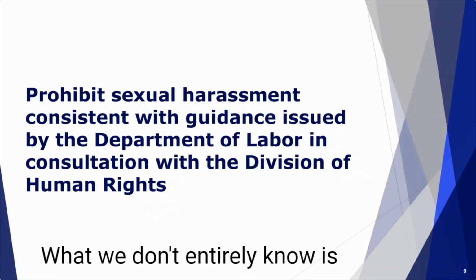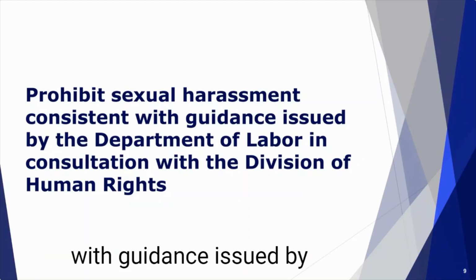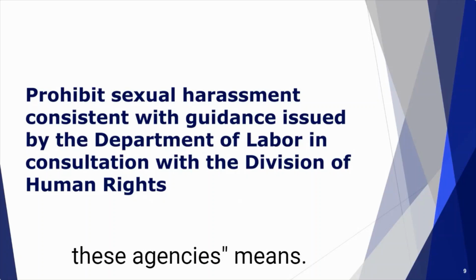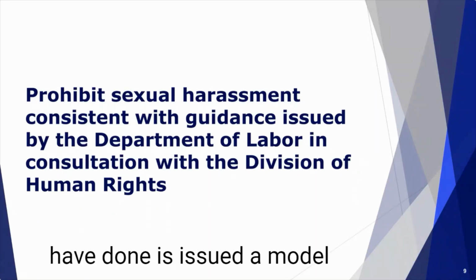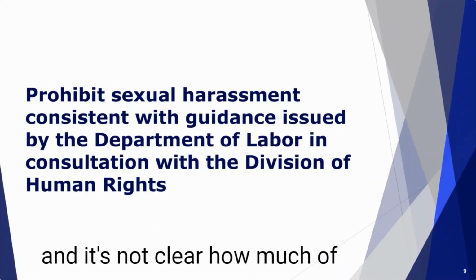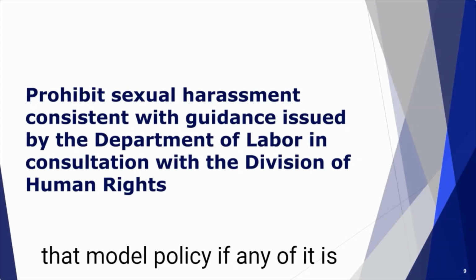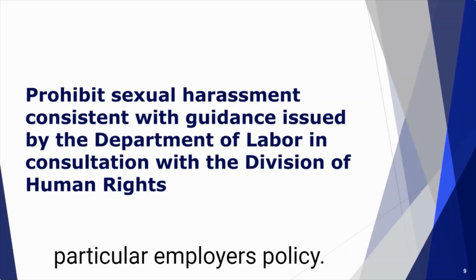What we don't entirely know is what this wording, prohibit sexual harassment consistent with guidance issued by these agencies, means. Because what these agencies have done is issue a model policy that we will be discussing, and it's not clear how much of that model policy, if any of it, is actually required to be in any particular employer's policy.